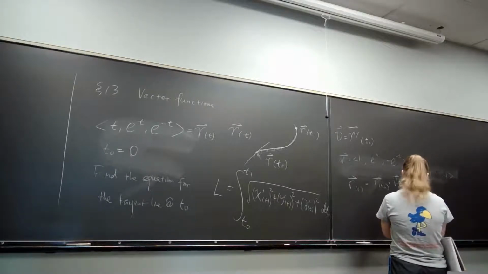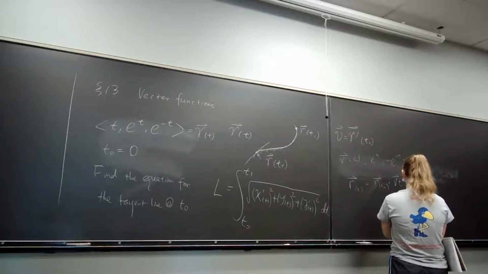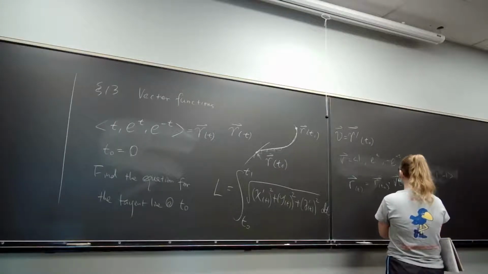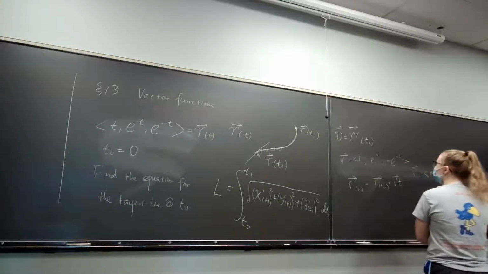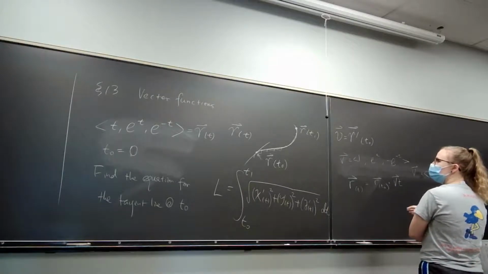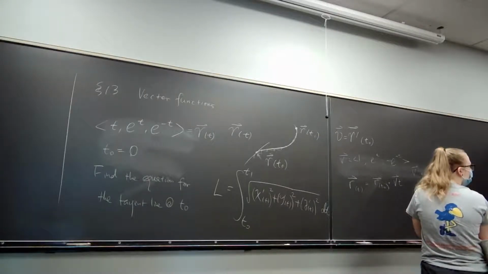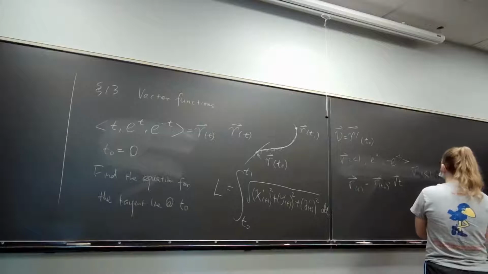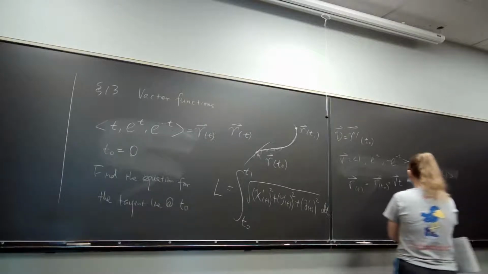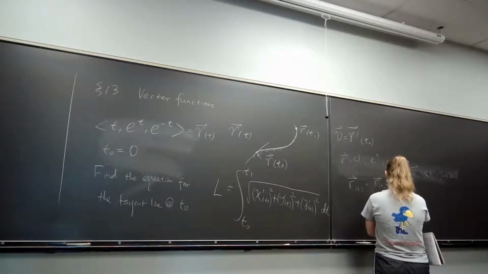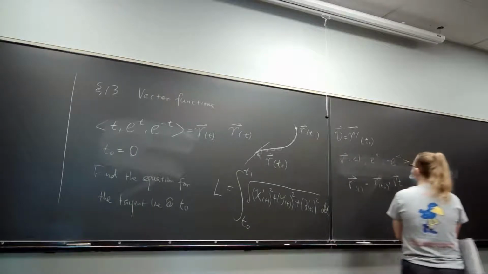You need to plug in t naught to r to evaluate the first point, the starting point. That's the point where the line starts. So you see you have r t naught. So you have to evaluate what is r at t naught. r is over there, the original one.